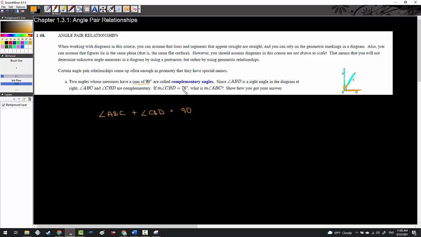They're telling us that angle CBD is 76 degrees, so this angle right here in orange is 76 degrees.